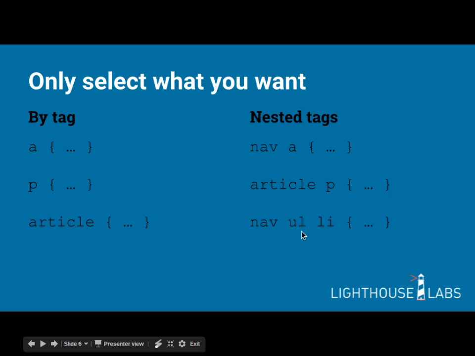Who can tell me what UL and LI are? Lists. Yes. What does the U stand for in this case? Unordered list. So the flip side of that would be the OL, or the ordered list. So you might have a certain list inside your navigation bar, and this is actually very typical.